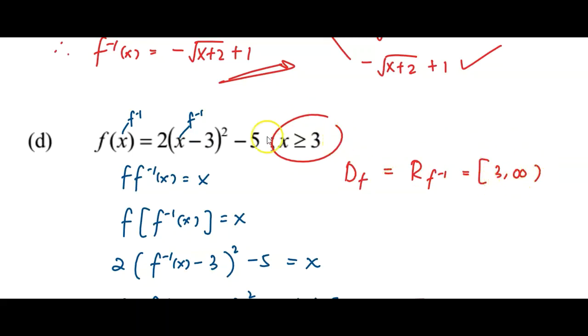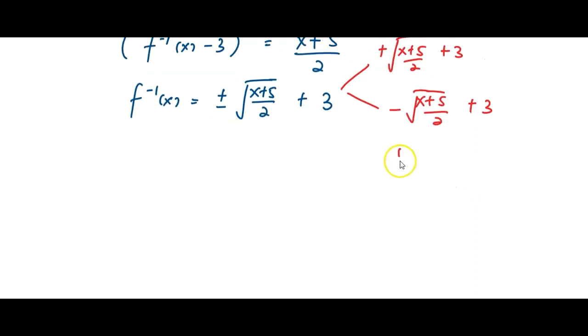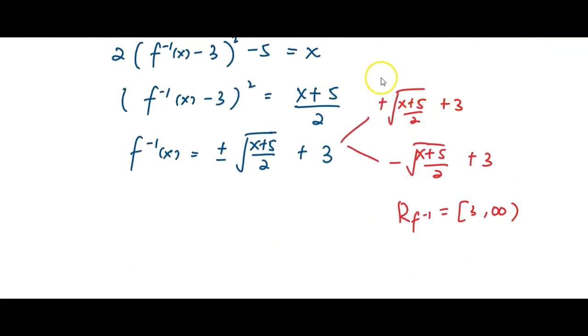I always convert this interval into this form so that the symbol of x won't confuse me. I state again, my range of the f inverse is from 3 to infinity. So which of the functions here, either function 1 or function 2, will give you the range 3 to infinity?